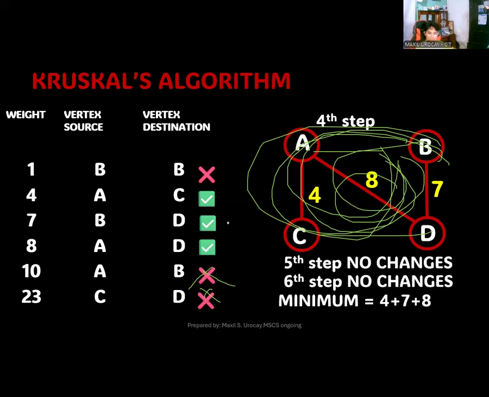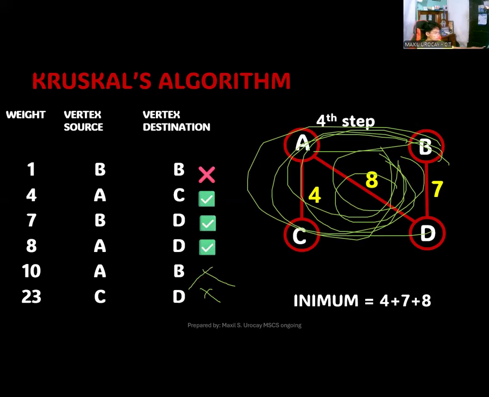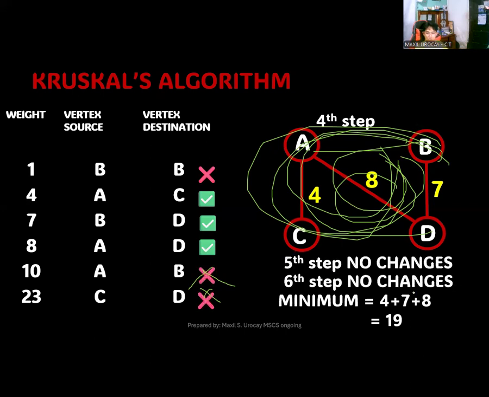When we print out the minimum for that one, 4 plus 8 plus 7 is 19. If we add the 3, that is a total of 19. So your minimum spanning tree right now will be equal to 19.